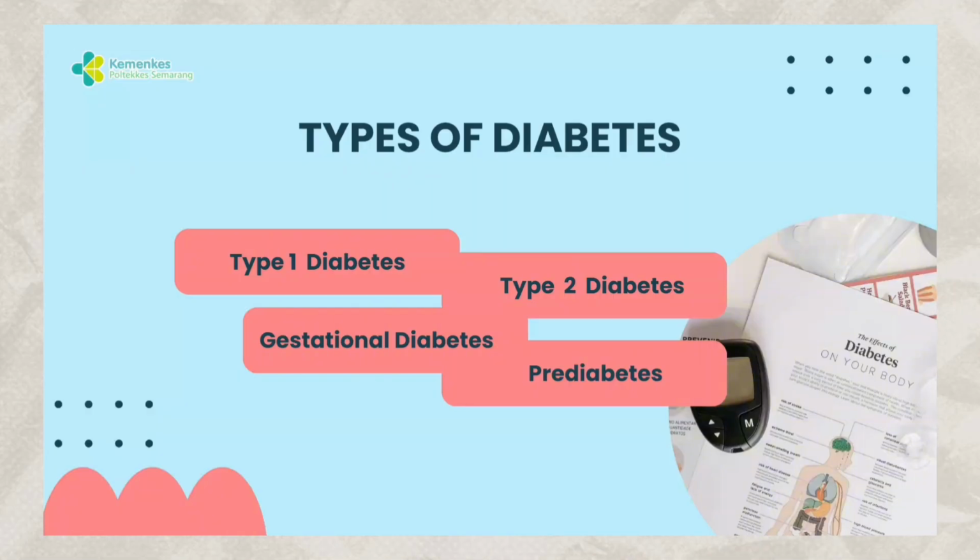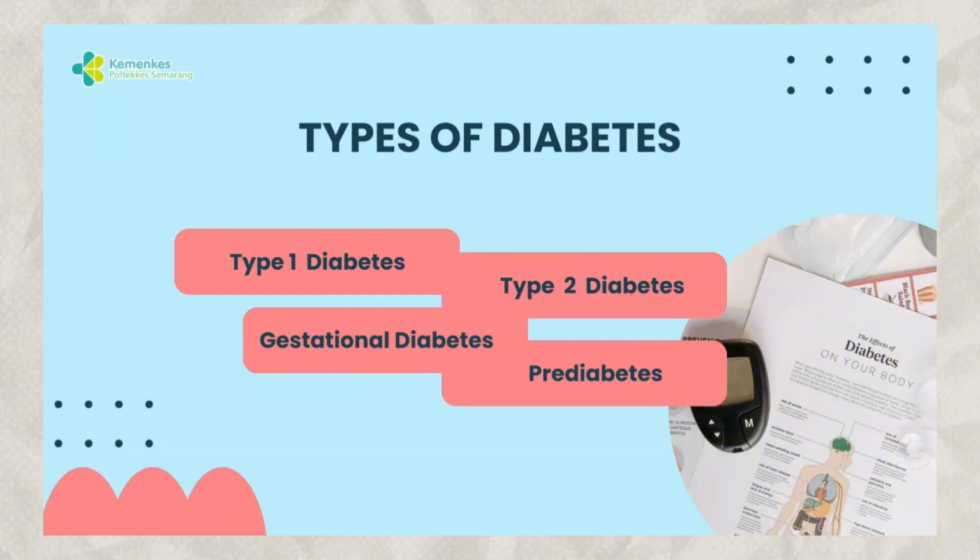This is caused by hormonal changes that make the body less sensitive to insulin. Usually, this condition improves after giving birth, but mothers who have had gestational diabetes have a higher risk of developing type 2 diabetes later in life.